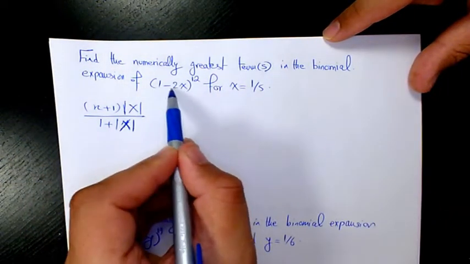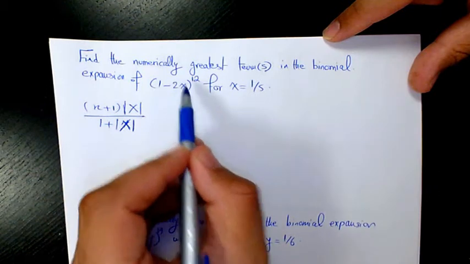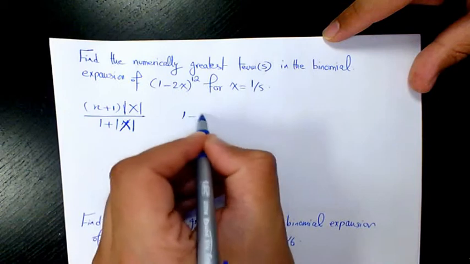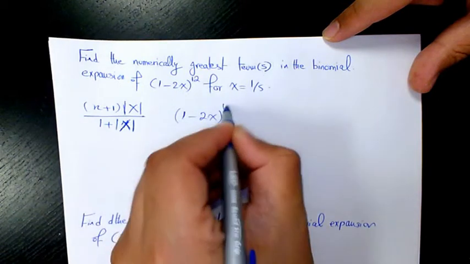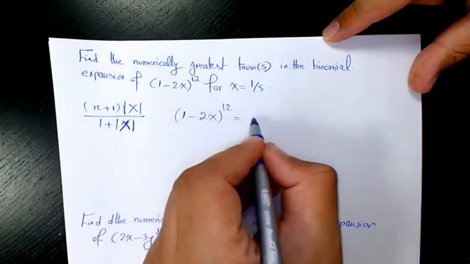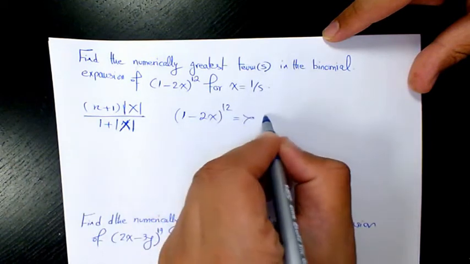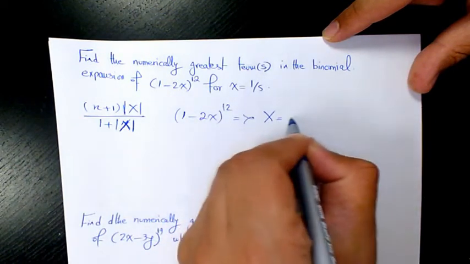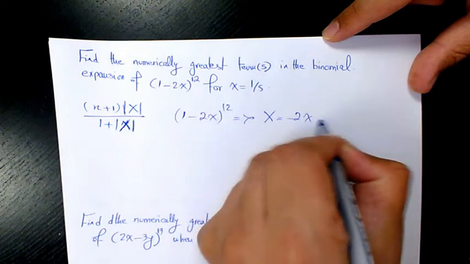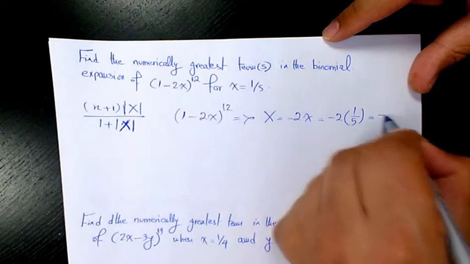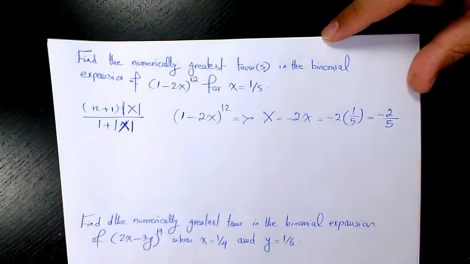It is (1 - 2x)^12 and x is 1/5. When you take 1 out it doesn't change anything, so X is going to be -2x, which is -2 times 1/5, and that's -2/5.